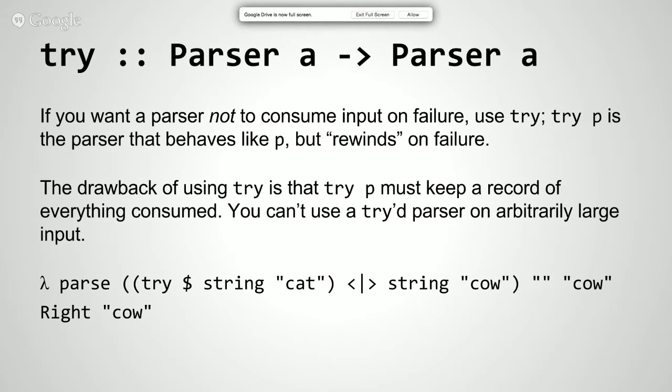Okay, so the answer is you shouldn't use try often. Because when you're designing a grammar or when you're parsing someone else's grammar, if you have to know, so you're parsing a stream of tokens, which could be characters.